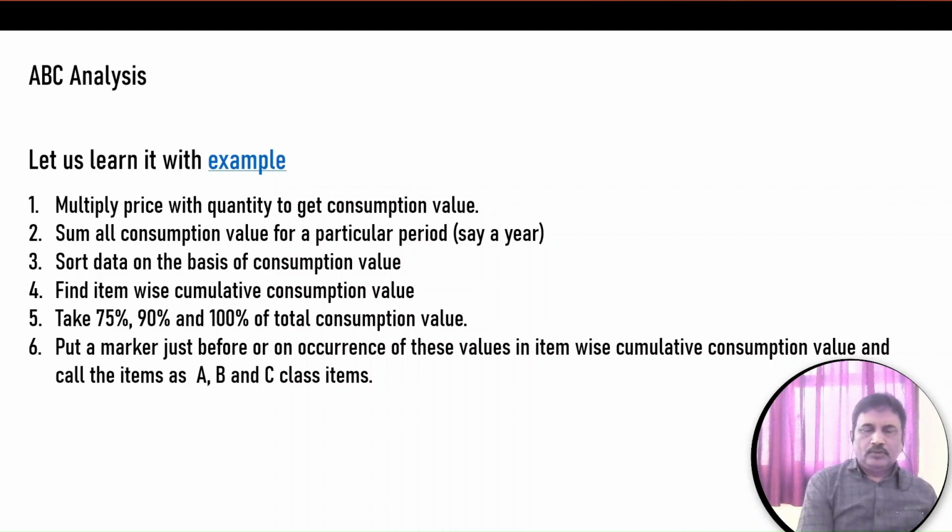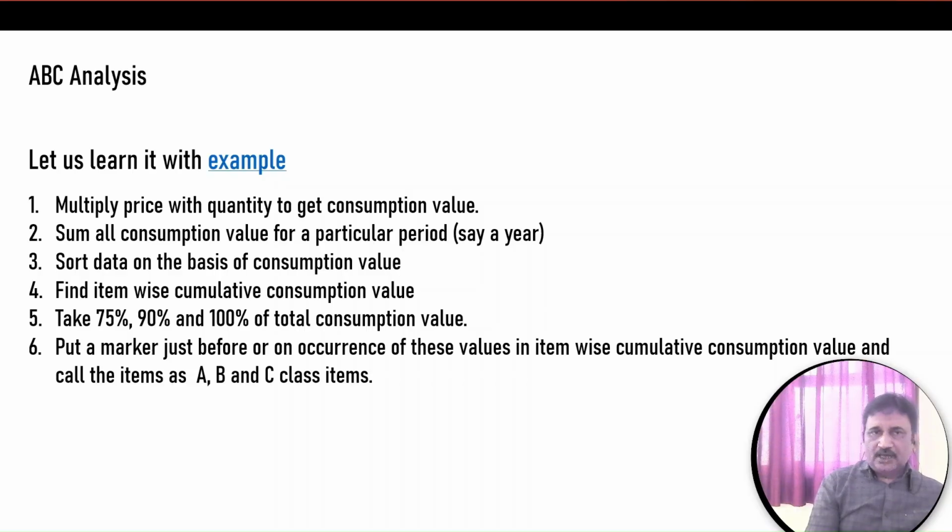Even though I have mentioned in this video lecture that 75%, 15% and 10% are the markers for deciding whether the item belongs to A class, B class, or C class category respectively, organizations are free to take their own markers, like 60% of the consumption value for A class, 30% of the consumption value for B class, and the last 10% of the consumption value for C class, or they may go in for some other percentages.